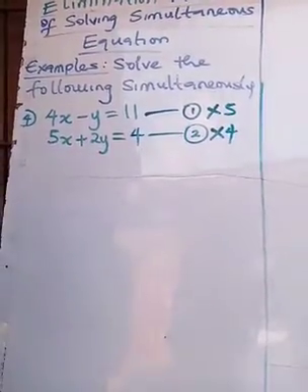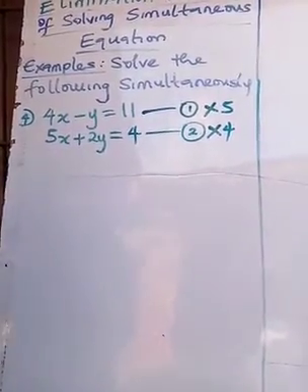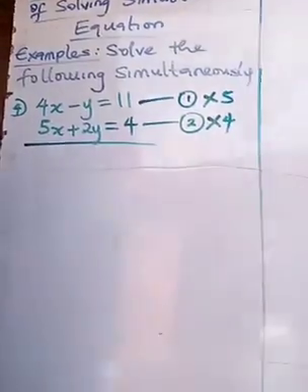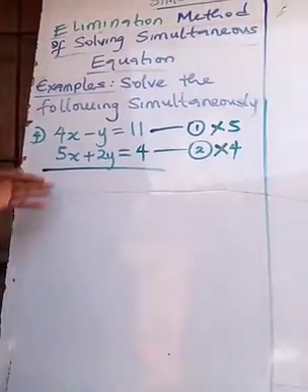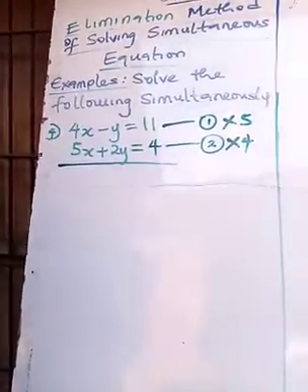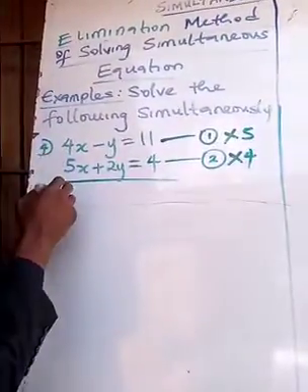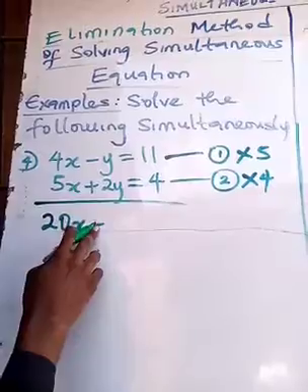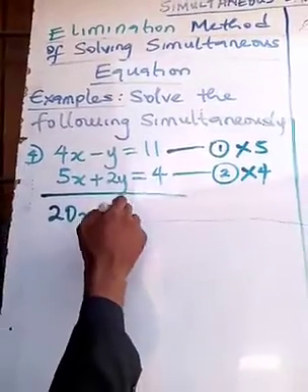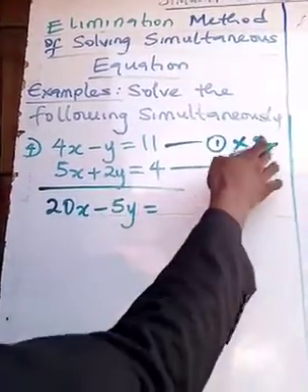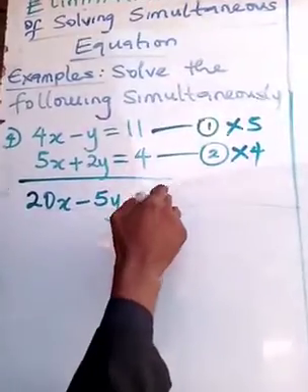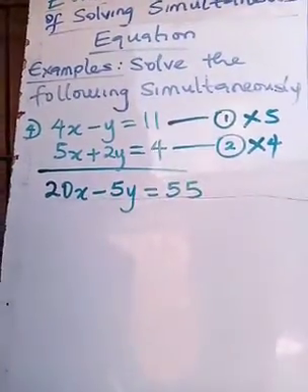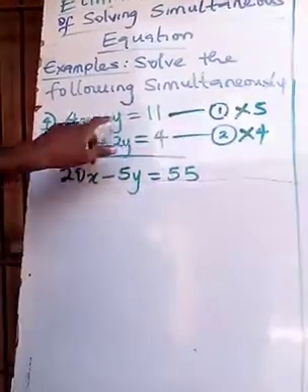Now the next thing we are going to do is multiply. Since we know the numbers to use to make them have the same value, we multiply. So 5 times 4, that's 20x, minus 5 times y, that's 5y, equals 5 times 11, that's 55. So we are using this number to multiply the whole of equation 1.